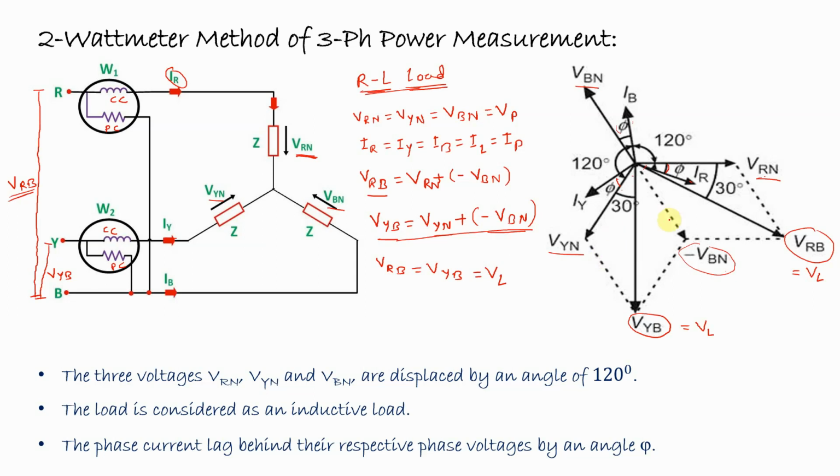Now in this phasor diagram we know that the angle between VRN and VYN is 120 degrees. And minus VBN, the reverse of the VBN phasor, will divide this angle into equal parts. That means this angle will be 60 degrees.